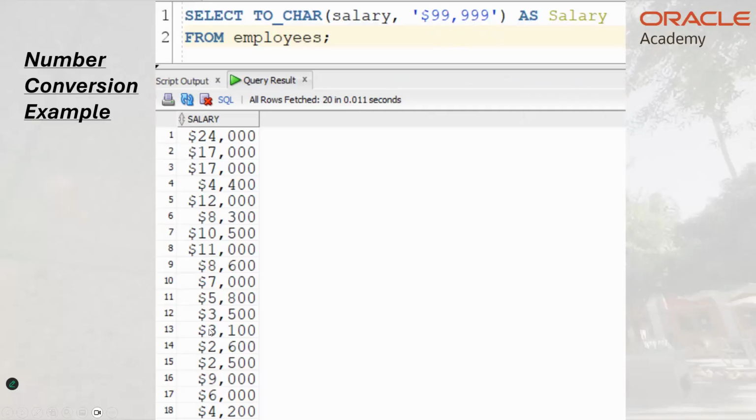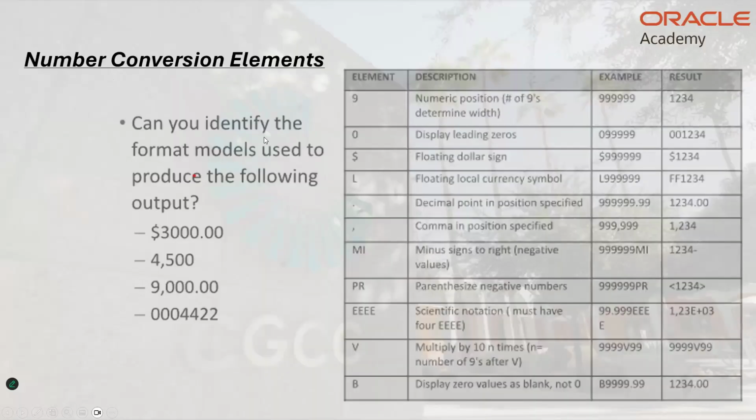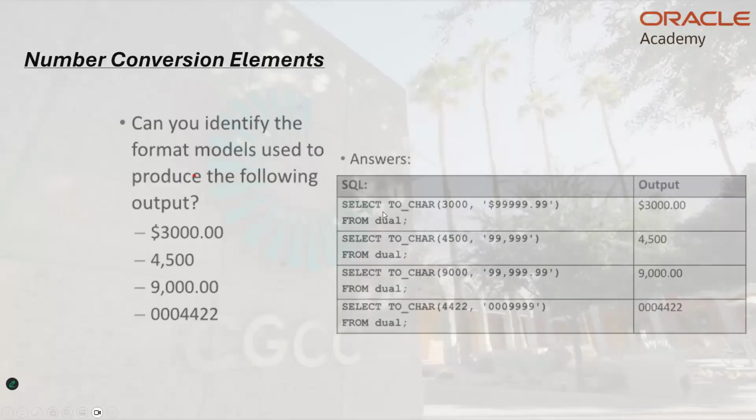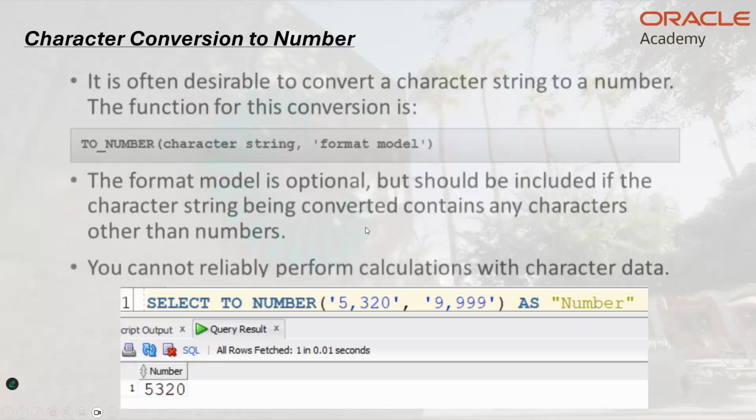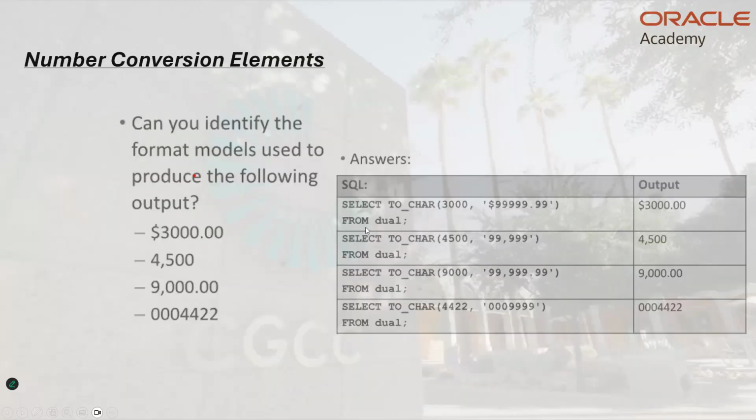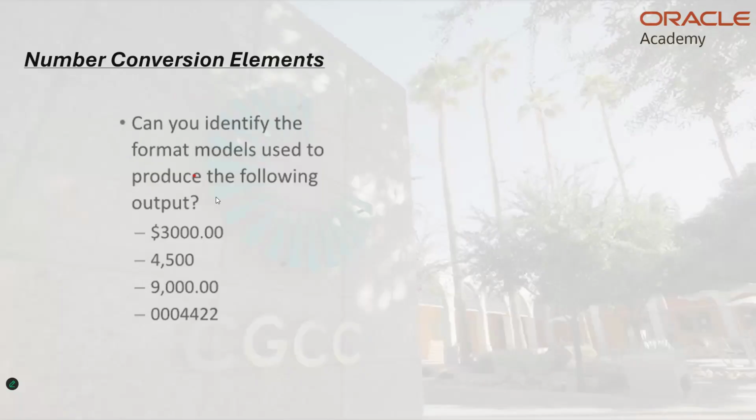It looks like it's the salary, right? Well, we just went through that. Yeah, this is just another iteration of that. Oh, it was a test. So can you identify the format models? And I already showed you this.